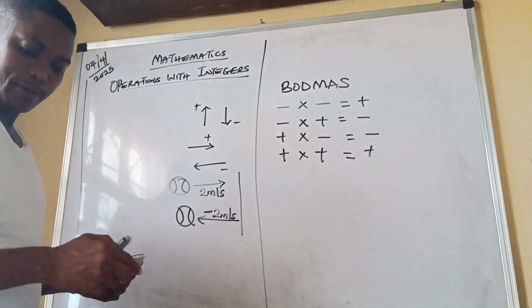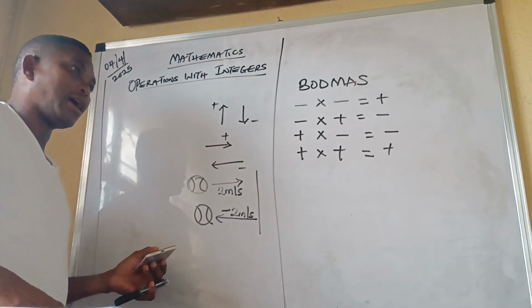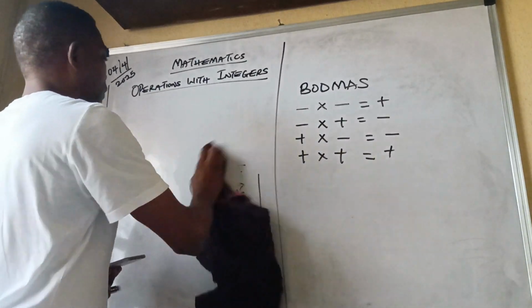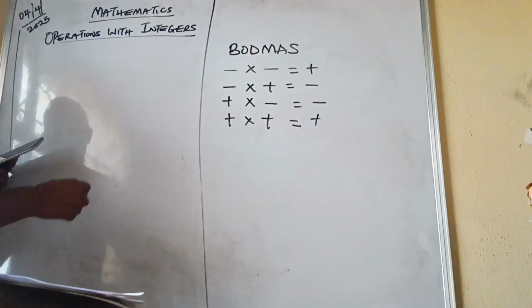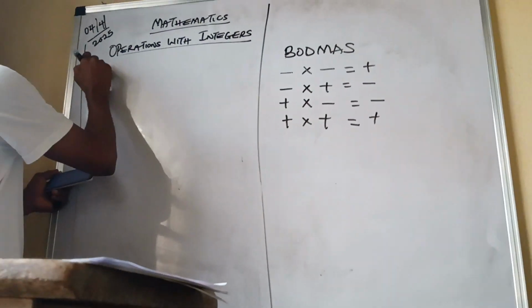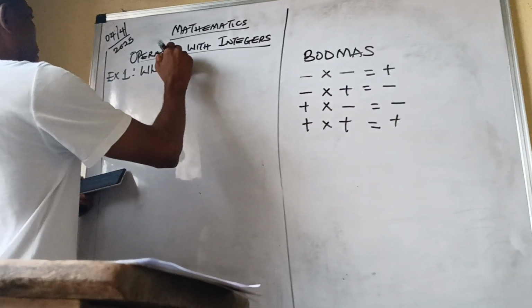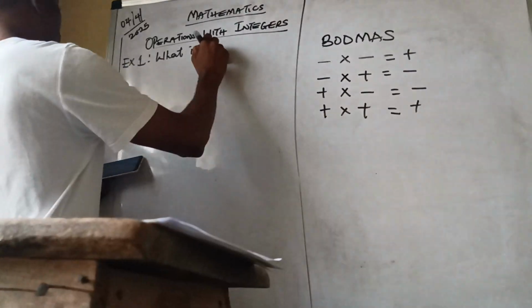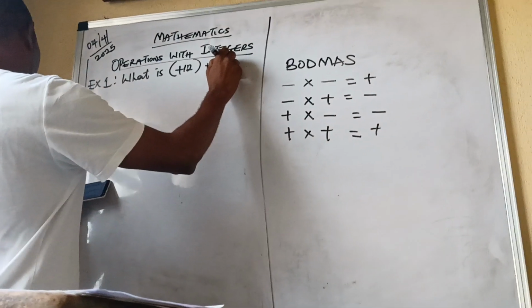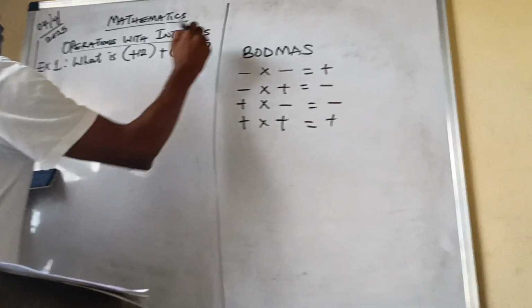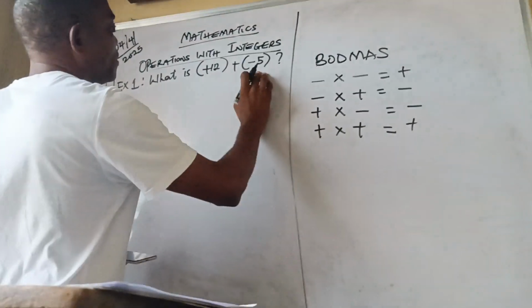So let's look at some of the examples in our study material. Example 1. What is plus 12 plus minus 5 in brackets?